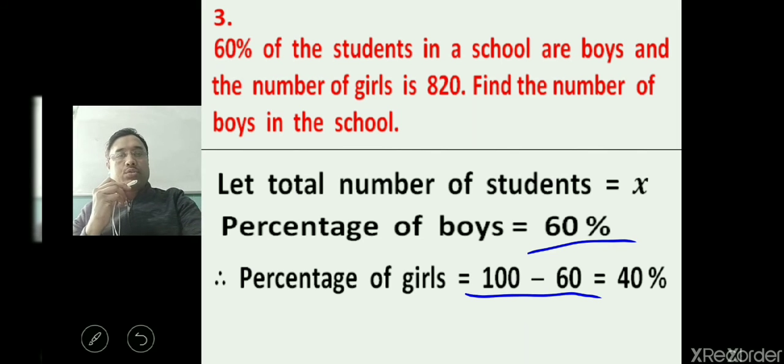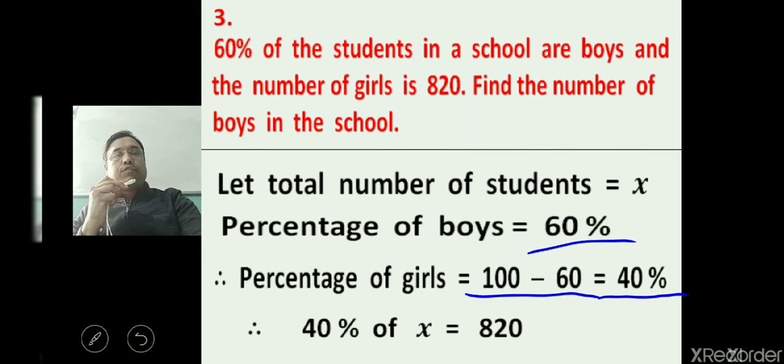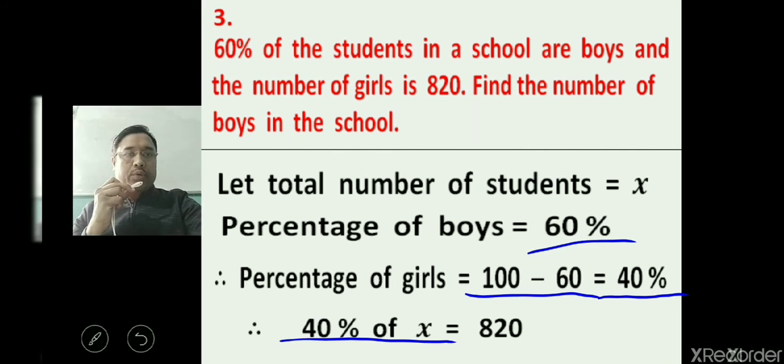Out of the total 100, if you subtract 60, the percentage of girls is 40%. Then 40% of total students, that is 40% of x, equals 820, because 40% are girls.